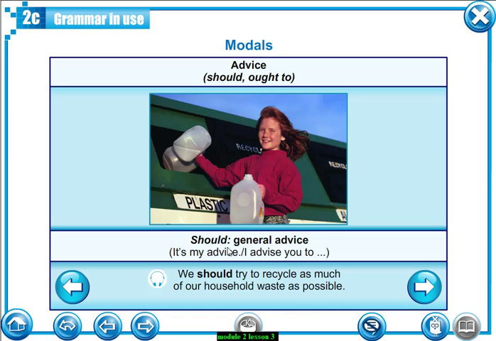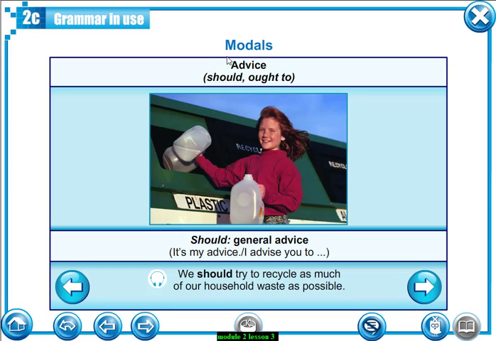So it's the same. We use should for general advice. Let's see an example. We should try to recycle as much of our household waste as possible.